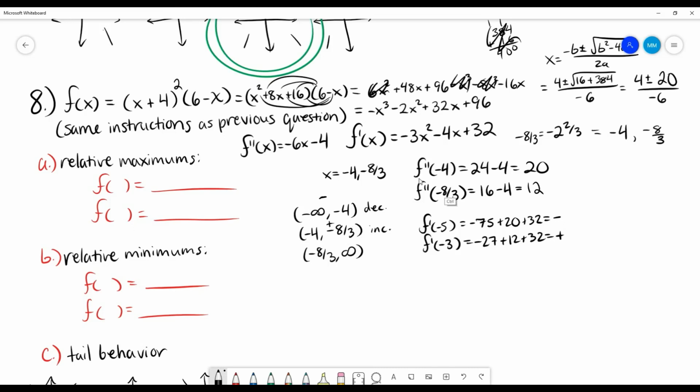So there's not a minimum at that point. That doesn't make sense. So I might have to redo something. And then I'll just plug in a 0 there, which is then just 32, which is positive. Okay, so it's decreasing and then increasing and then increasing some more.